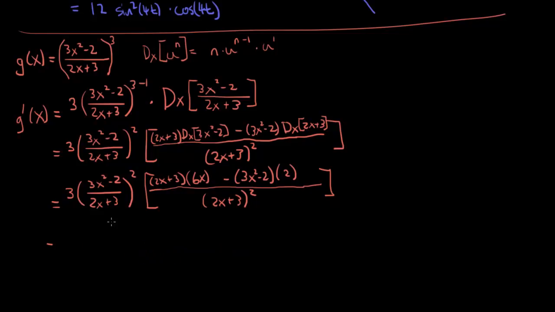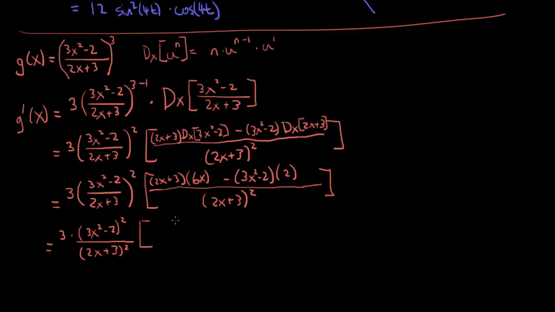That's probably worth another step. We can write this as 3 times 3x squared minus 2 squared over 2x plus 3 squared. That's just using the quotient rule of exponents.